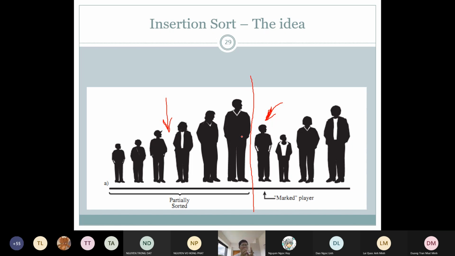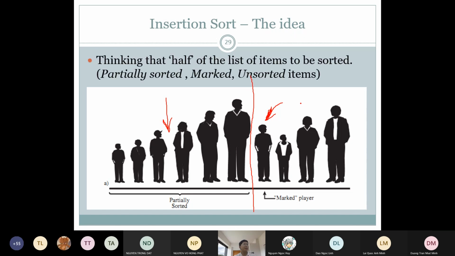The idea is we virtually divide our array into 2 parts, sorted and unsorted, and we put one element at a time from the unsorted part into the partially sorted array. So we have three things. The partially sorted part is this part.